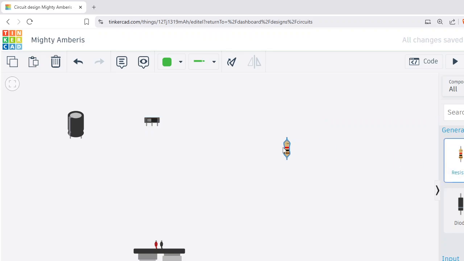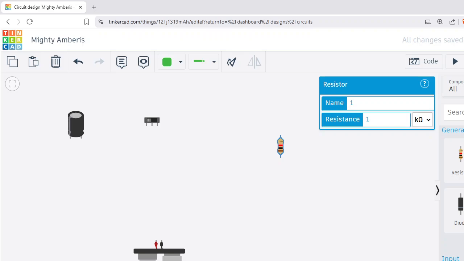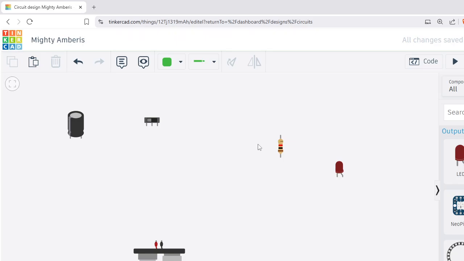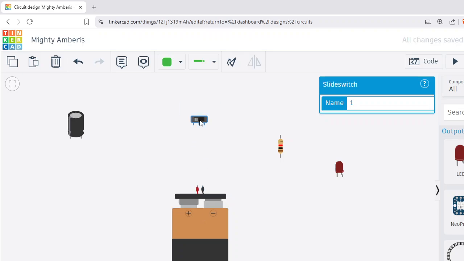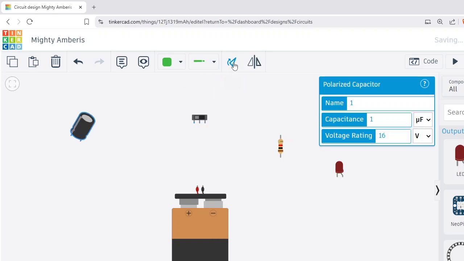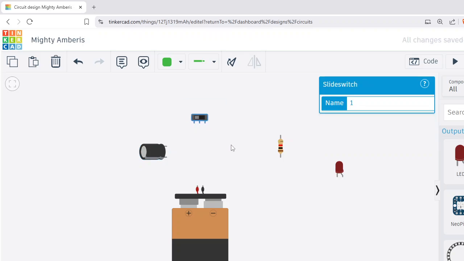Then I need an LED. Then I need, sorry, resistance. I need an LED also. Okay. Let's do the connection now. I want to place the resistance, the capacitor in such a way that with the flick of the switch, this is charged.